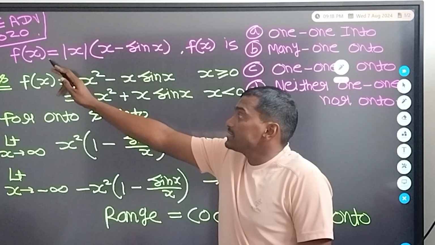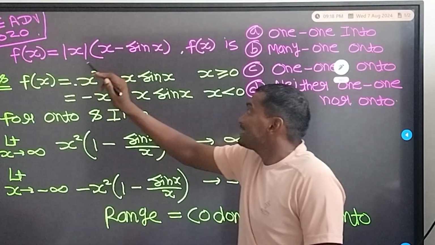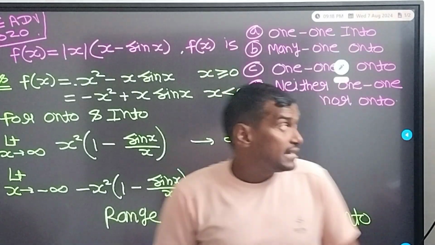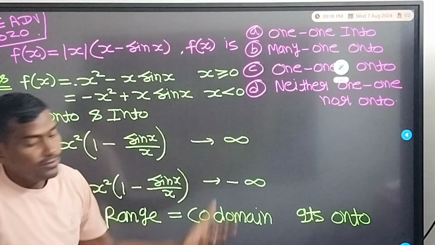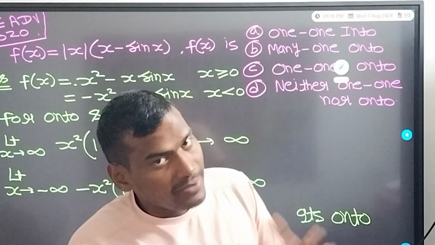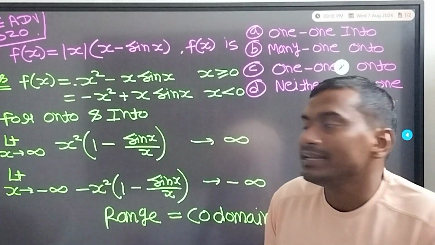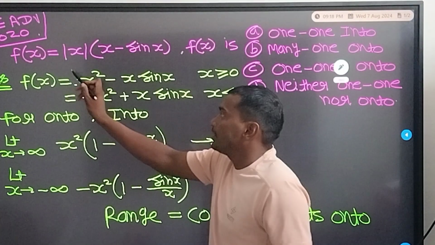Function was given as f(x) equal to mod x, x minus sin x. Then they were asking f(x) is a, b, c, d. We had to calculate whether it is 1-1, many-1, onto or into. Right? So whenever in any question we see mod.